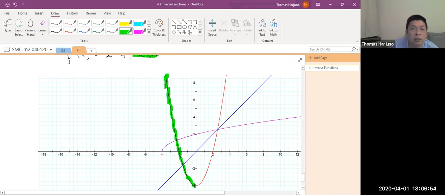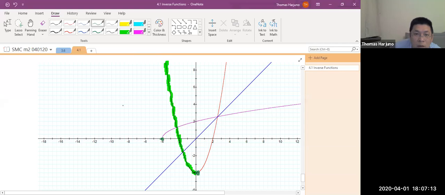Now let's analyze these graphs. Notice that the x-intercept of the original function, square root of (x + 4), becomes the y-intercept of the inverse function. Do you see that? (-4, 0) being reflected now becomes (0, -4).